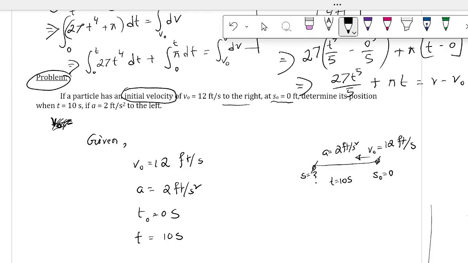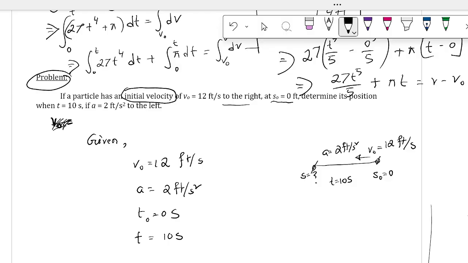That's something we have done already. I'm just going to give you the final form: the integration goes from initial velocity v0 to v, and the time goes from 0 to t. You have seen that. So this equation becomes v equals v0 plus at. Is it clear to everyone? We have done this before, in the last class.